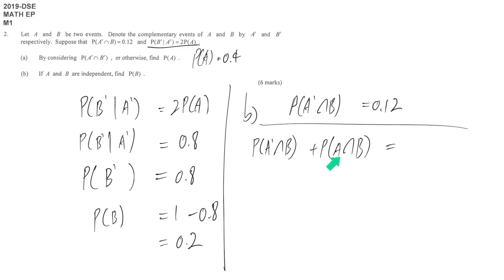The first case and the second case give B, then we have P(B), the total probability identity. Then the first term is 0.12, which is known. The problem is the second term. Because they're independent, this is simply equal to P(A) times P(B), which is 0.4 P(B).